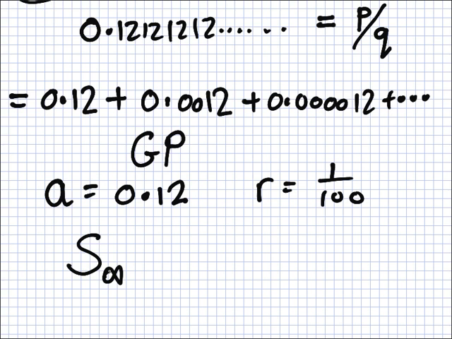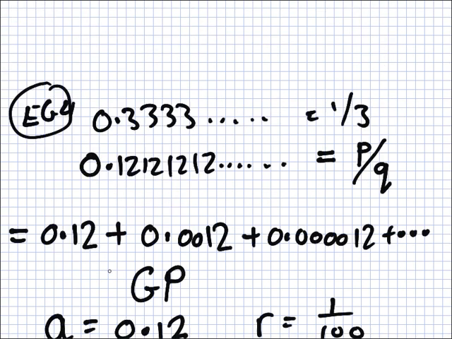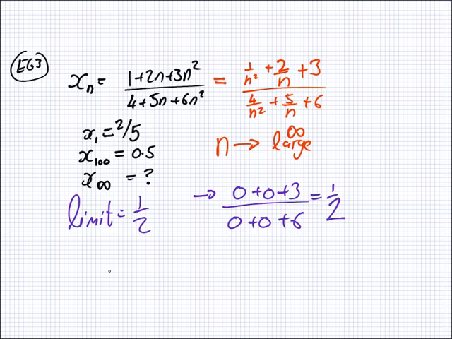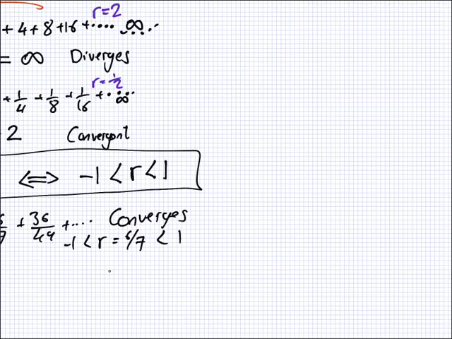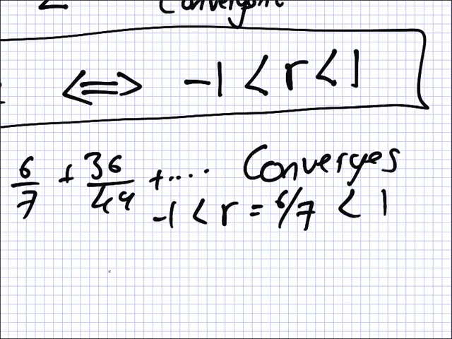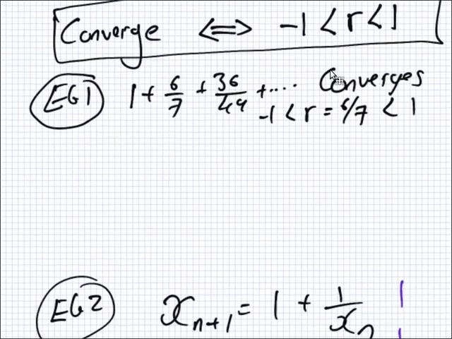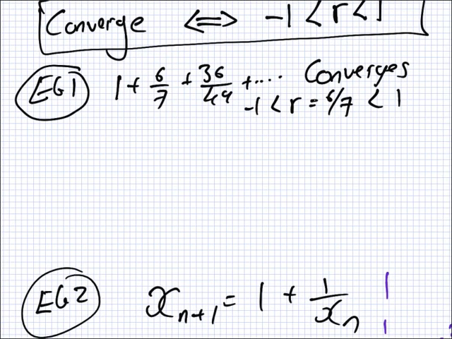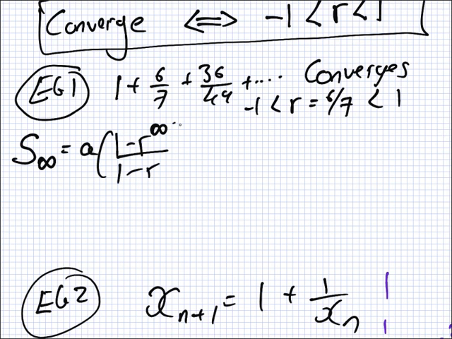So now I'll go back to example 1, just for a moment. In this example that we did, we said it converges, but we never worked out what it converges to. So let's have a look at that now. S infinity will be a times 1 minus r to the power infinity over 1 minus r. Now you might say, what the heck is r to the power infinity?